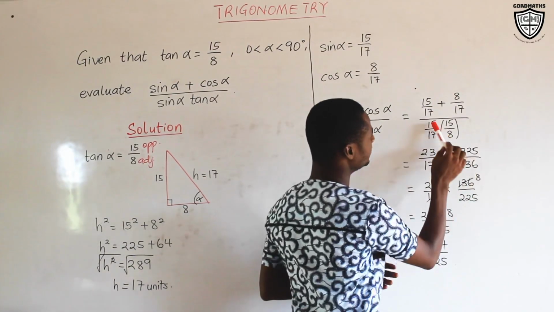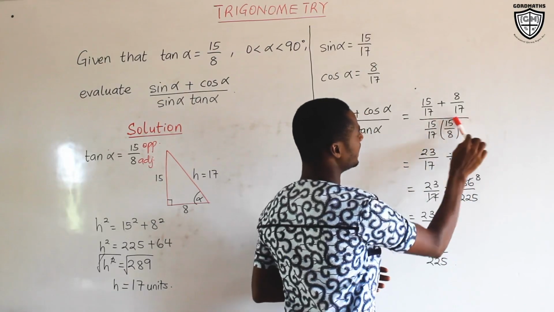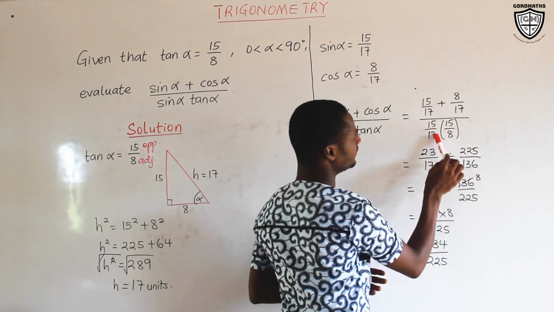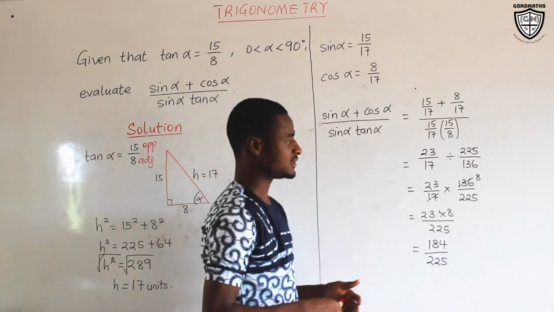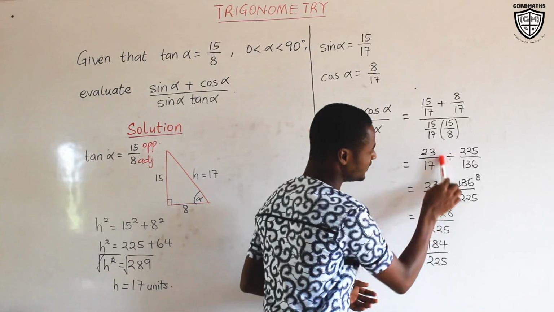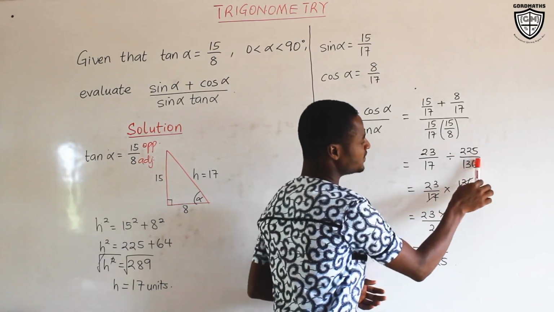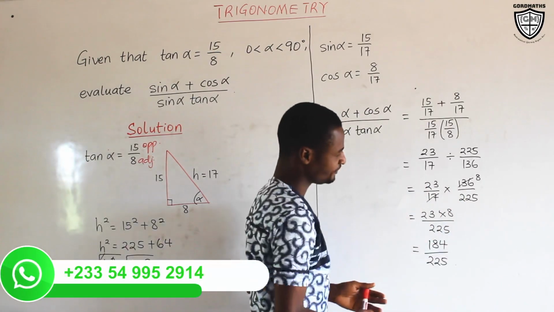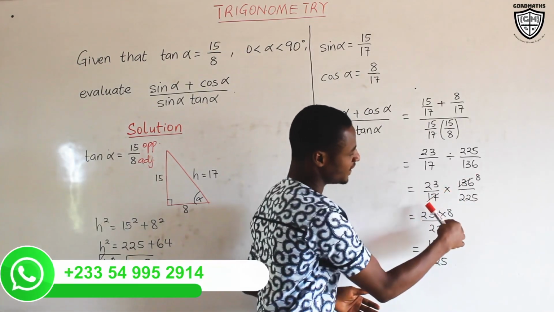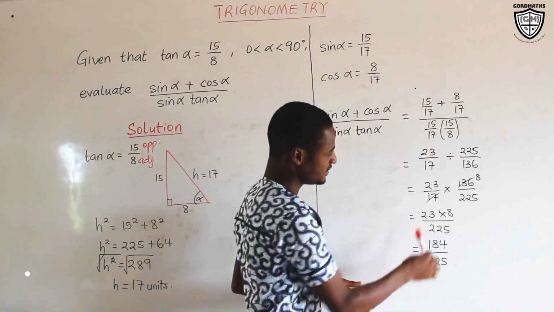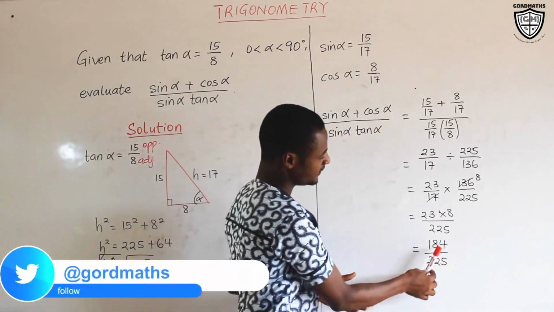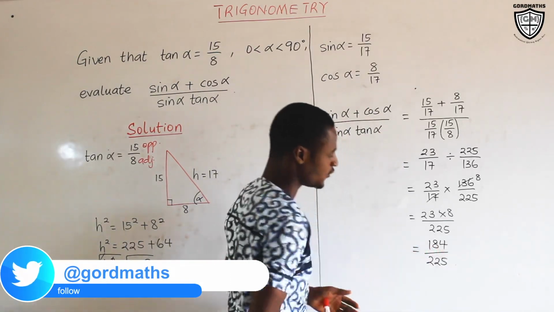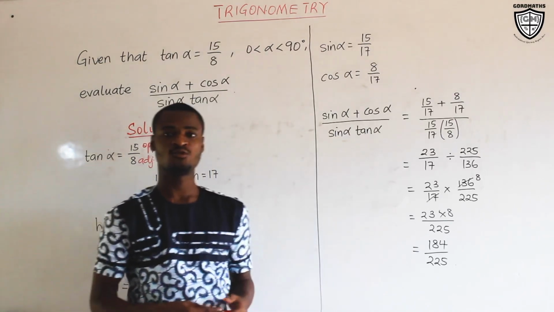Then that is all divided by the denominator, which is multiplying. So we multiply this and that. This is 225, and this gives us 136. So in dividing fractions, we find the reciprocal and then change the division to multiplication as done here. 17 goes into 136, and that is 8 times. So we simplify from here, and finally the value of this expression is 184 divided by 225.